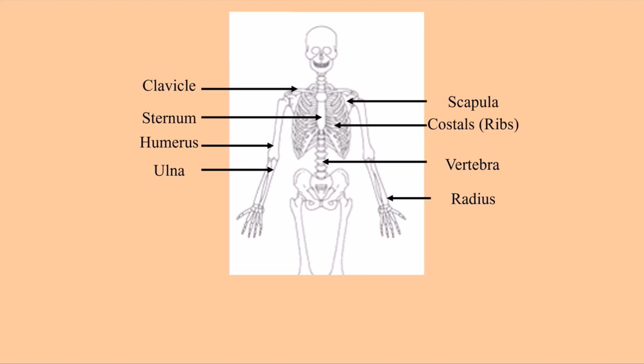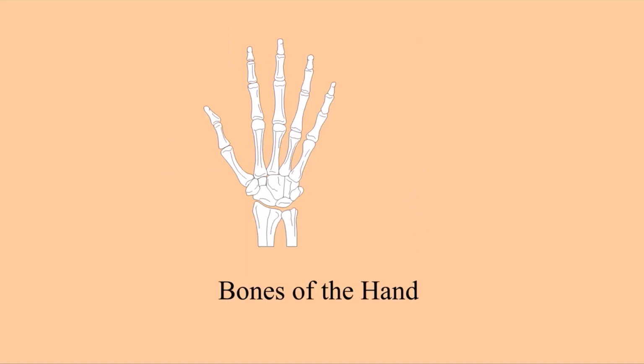See in the diagram: clavicle, that is collarbone, triangular scapula bone, sternum or breastbone, costals or ribs, humerus, ulna and radius, the bones of the forearm. Bones of hand. Carpals are the bones of the wrist arranged in two rows of four each.